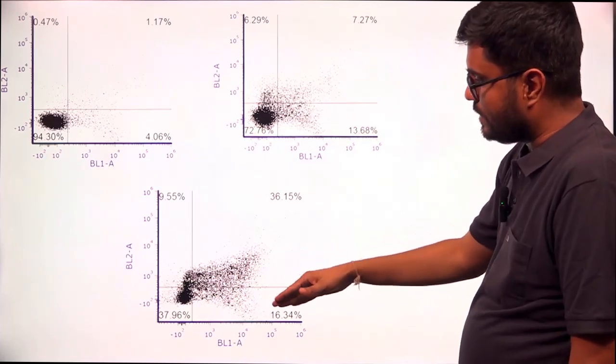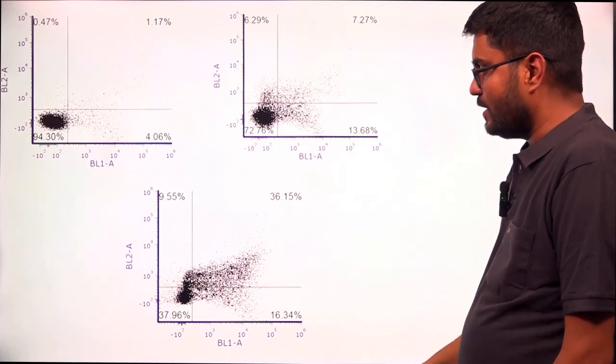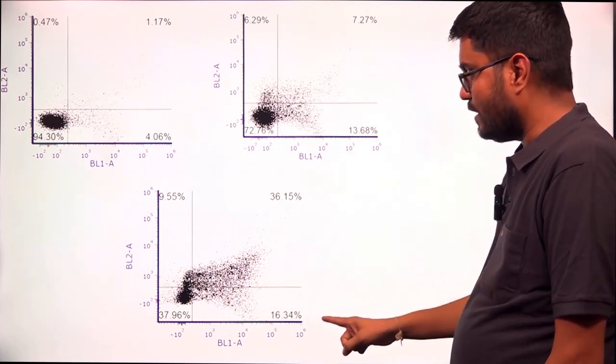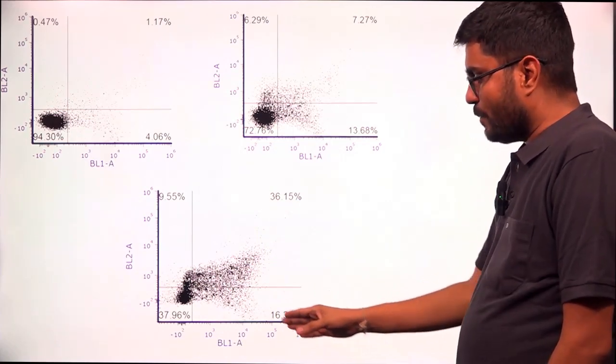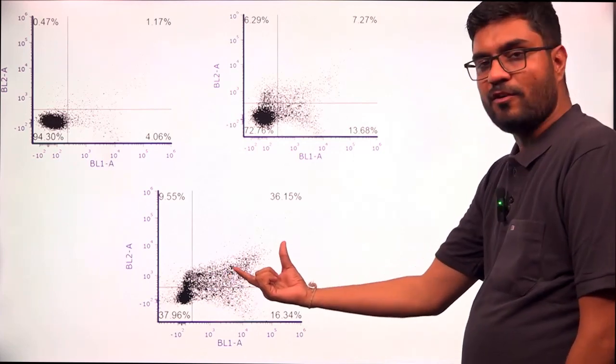And if we look at the same thing after 48 hours, you can say that many of the cells are going through the process of apoptosis and many of the cells are already dead.